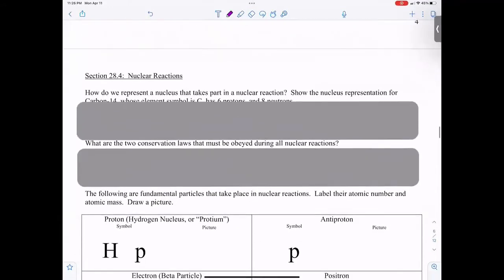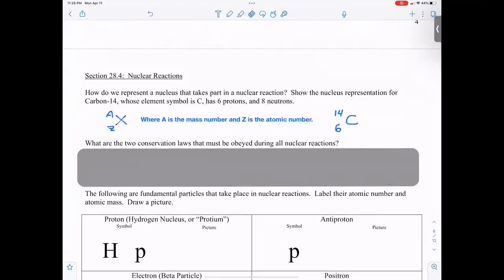Section 28.4, nuclear reactions. How do we represent a nucleus that takes part in a nuclear reaction? Well, show the nucleus representation for carbon-14, whose element symbol is C, has 6 protons and 8 neutrons.